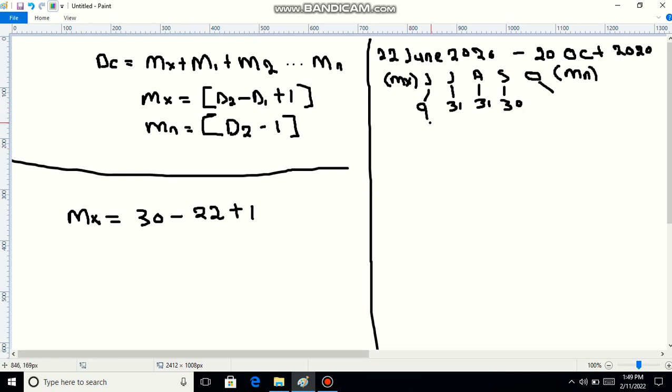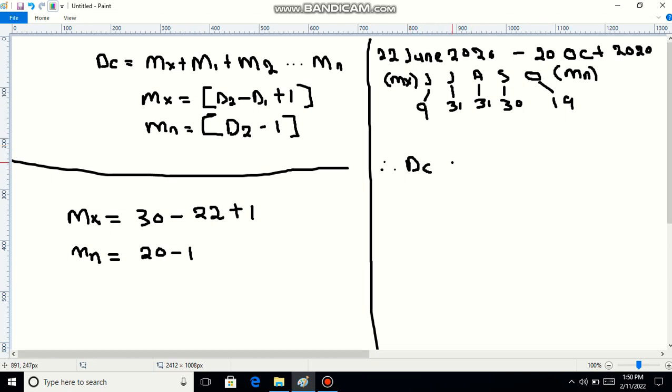Then for October, the final date is 20 October. So mn is equal to day 2, which is 20, minus 1, and we get 19.